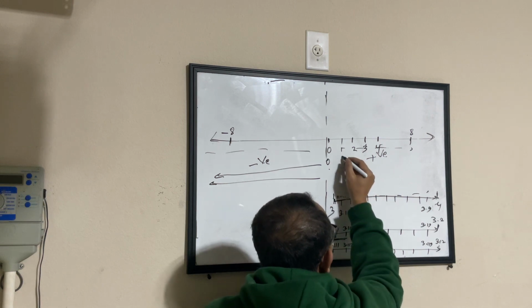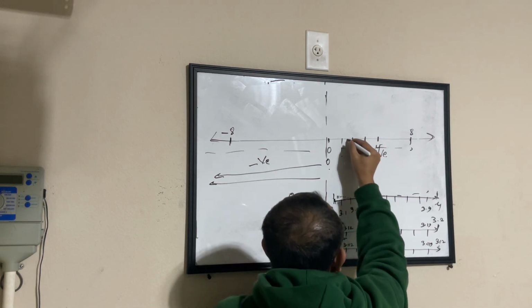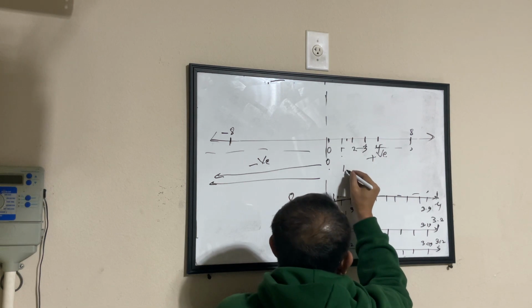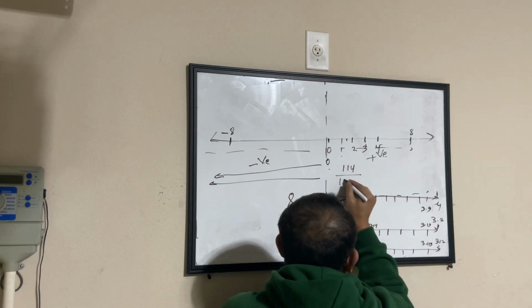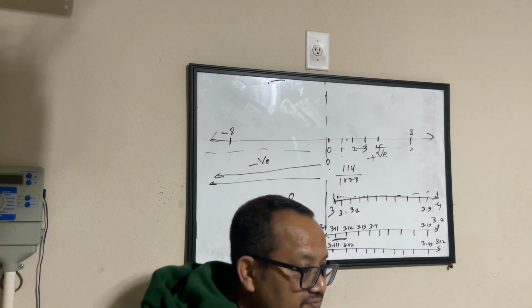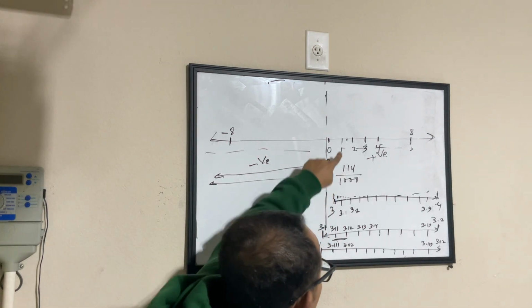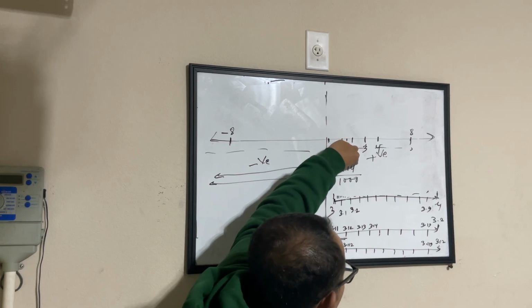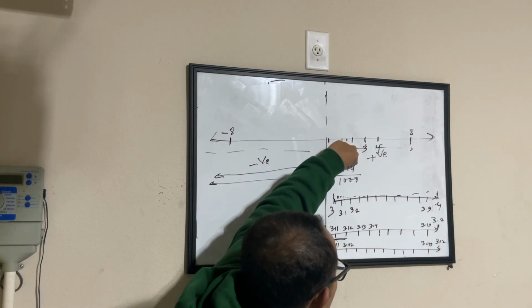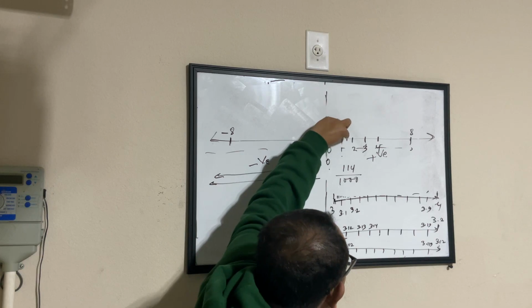In summary, what I'm trying to say is, you can have a point here which says 114 by 1000. What I have done here is between 1 and 2, whatever distance I had, I split that into 1000 pieces and I picked 14 out of that.